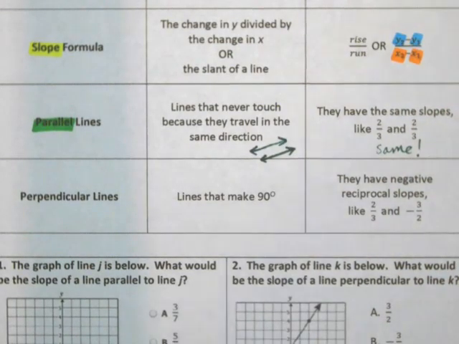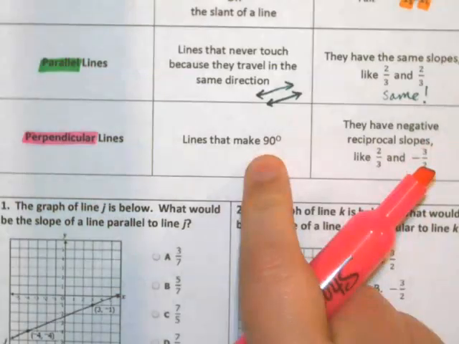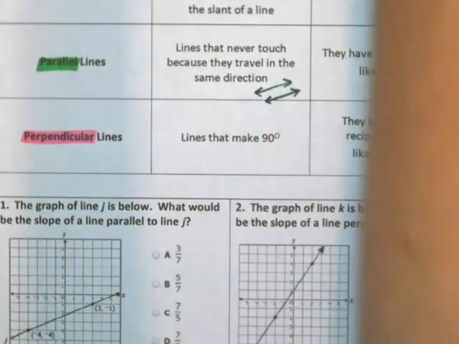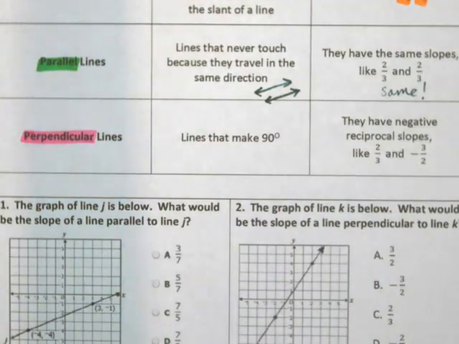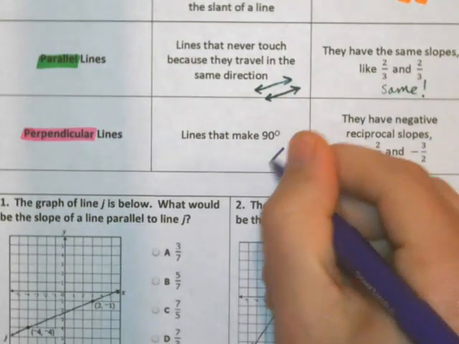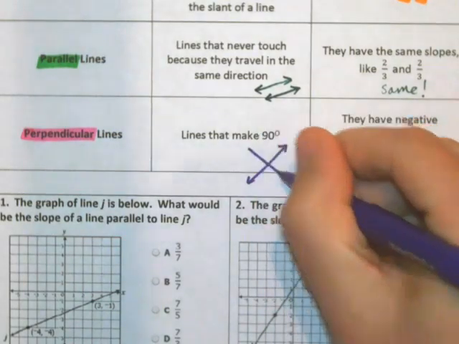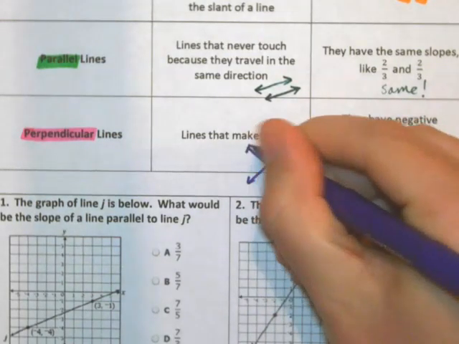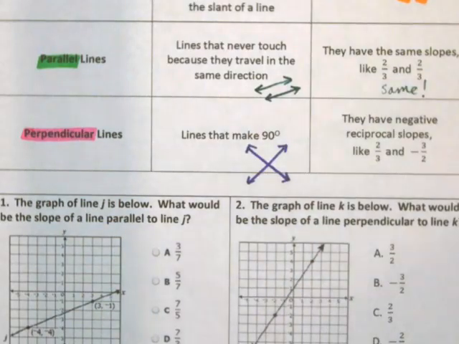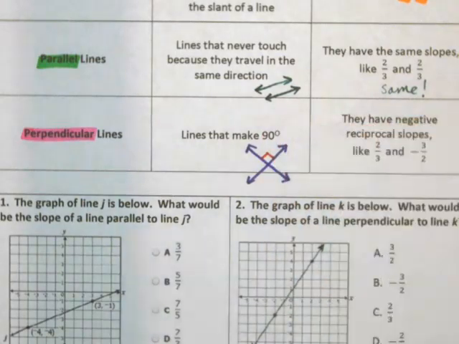The next kind of lines is perpendicular lines, which make 90 degrees. An example of perpendicular lines might be two lines that look like this. If they're perpendicular and they make 90 degrees, we should have a right angle.